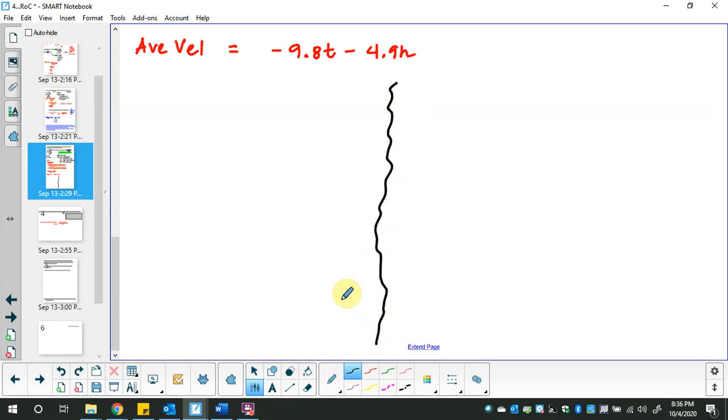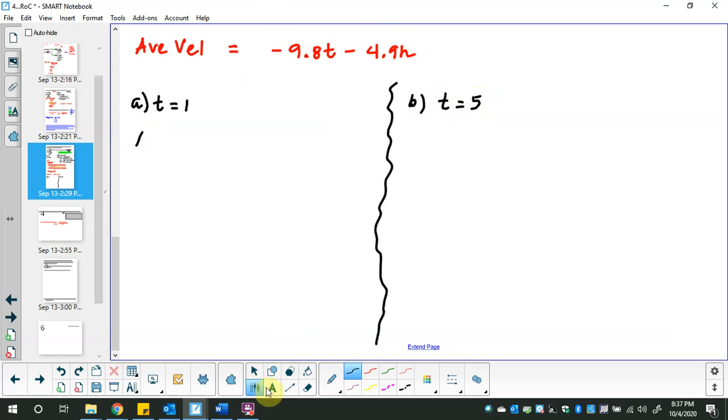On the left side of my page, T is equal to 1 second. And on the right side of my page, T is equal to 5 seconds, and I don't have to do all of that part twice.